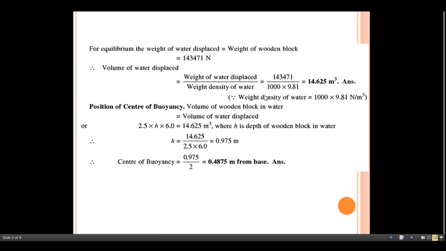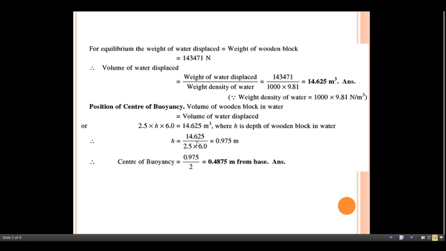Since we know the density of the water is nothing but 1000, I can get the position of buoyancy. Volume of the wooden block equals volume of water displaced, that is 2.5 multiplied by height multiplied by length 6. Equating this, we get the height.